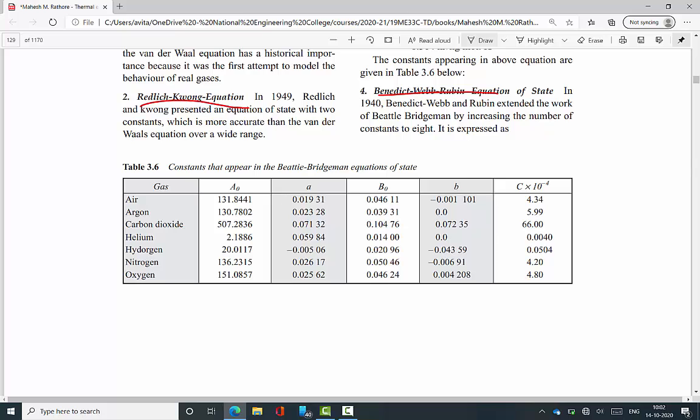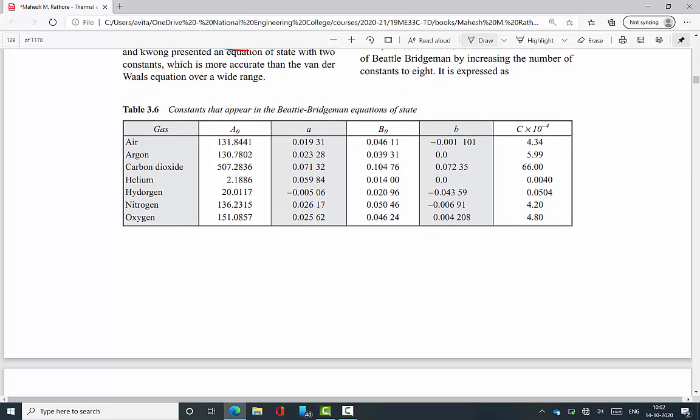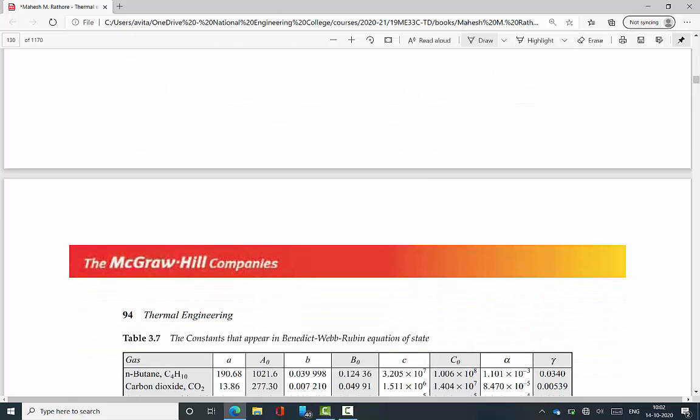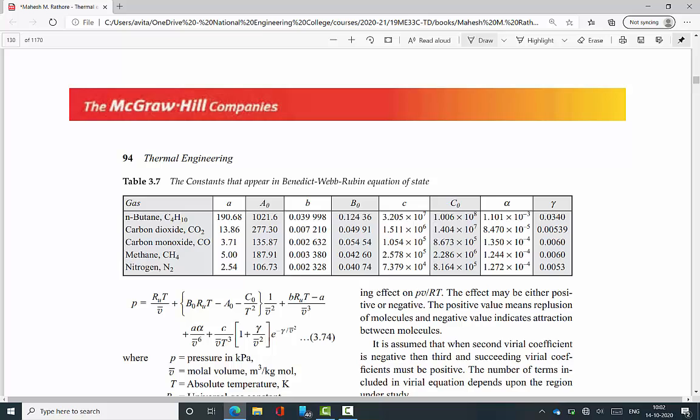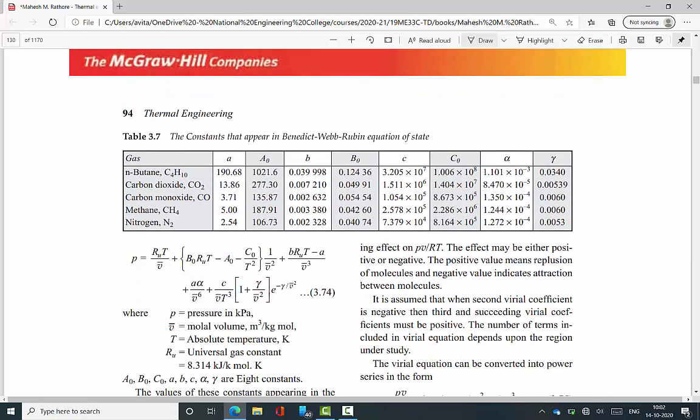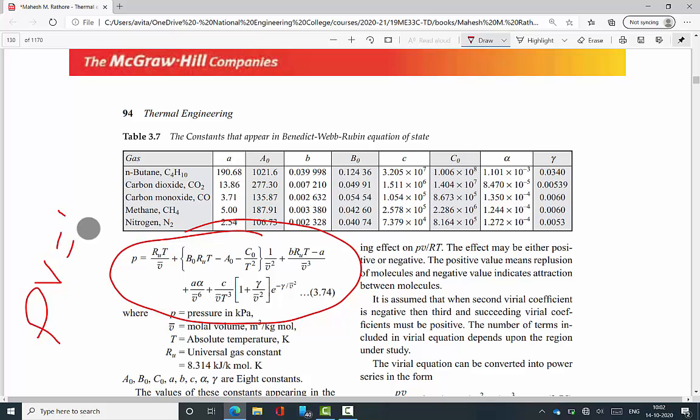Those are A naught, A, B naught, B, C naught, C, alpha, gamma. That is the equation of state, the alternate equation for PV equal to RT.